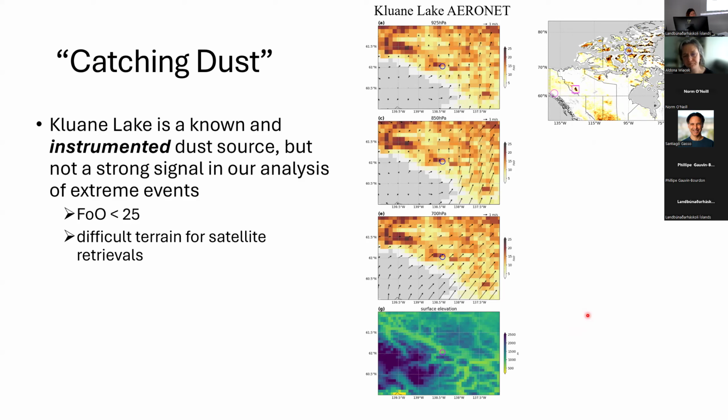Also the problem that the DB algorithm has over bright surfaces like what we have in the Arctic region. It's better to use on the Saharan dust region, but for the Arctic region, I'm not sure the results are so reliable.